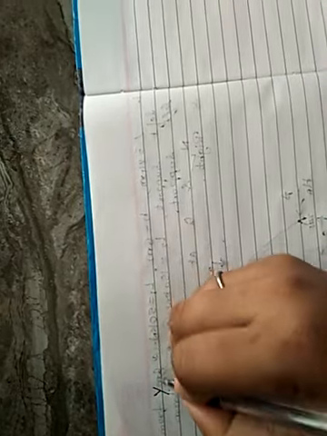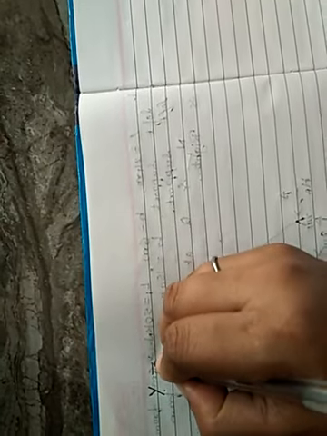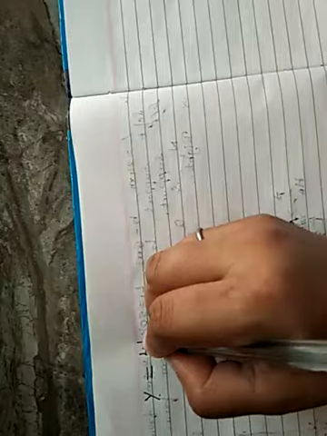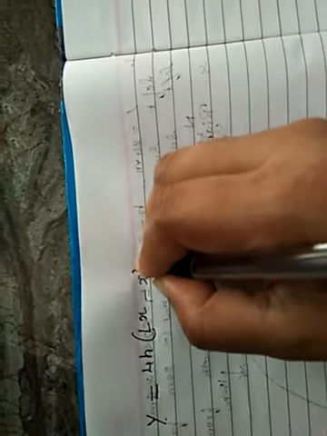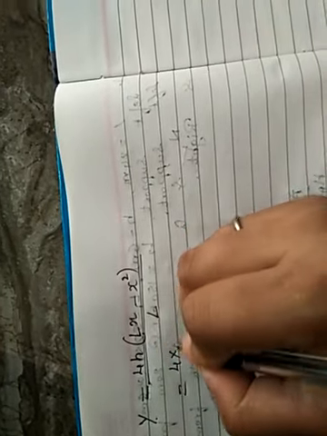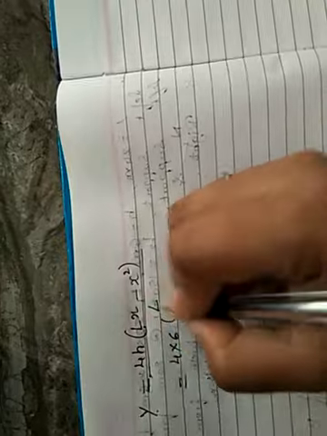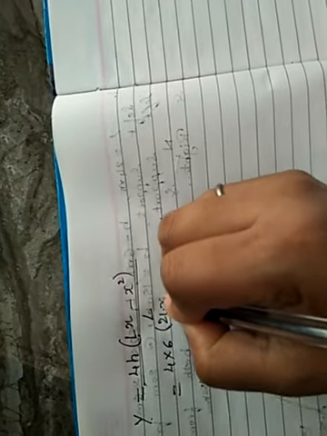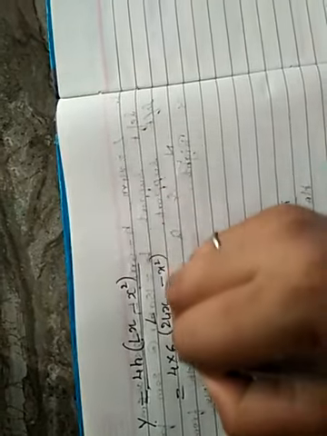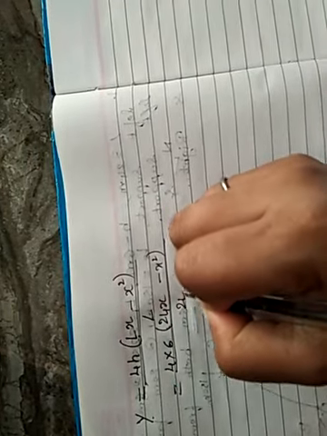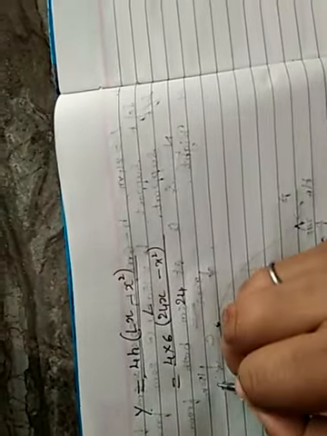So before that, let us get a general equation for y. As I said, y is calculated by the formula y is equal to 4h into (Lx minus x square) divided by L. In this problem, the rise is given as 6 meter. Let us make it a general equation: 24x minus x square divided by 24.